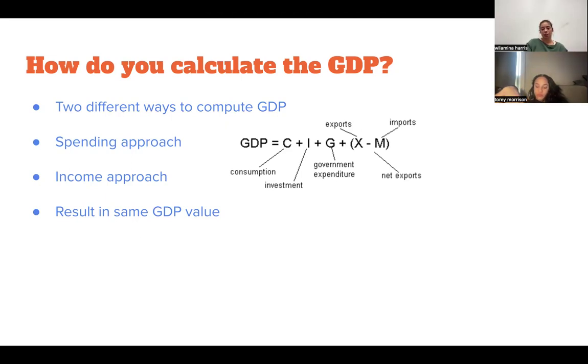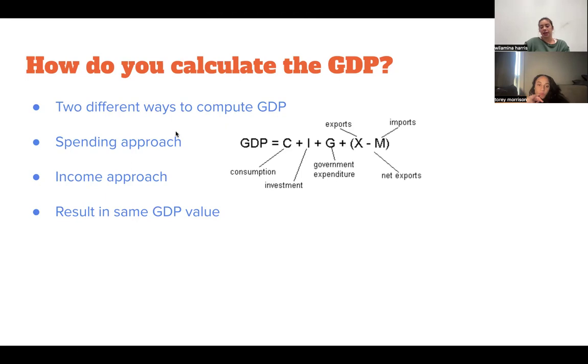Those are all government spending. The one thing not included in that is the moving of money, so stimulus checks, things like that. And then net exports: you understand what exports are, you understand what imports are. So net exports are just exports minus imports.